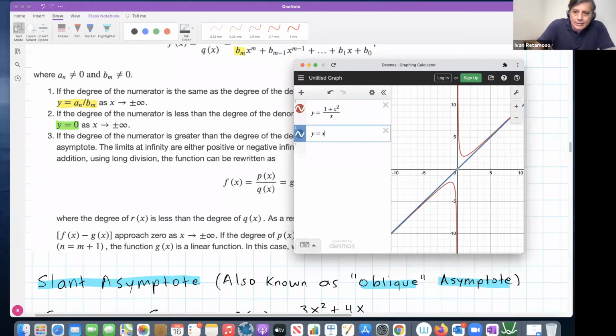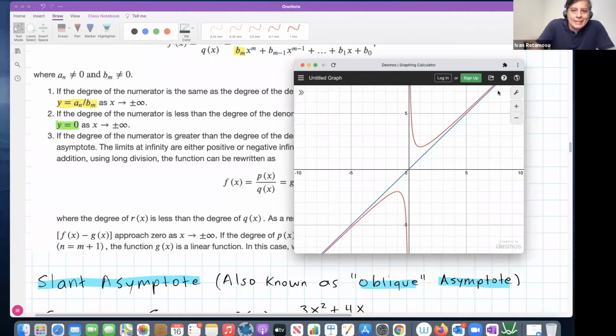I will show you how to get it. This blue asymptote is a slant asymptote. It is not horizontal, not vertical, neither horizontal nor vertical. It is instead an oblique line. And the curve you can see is getting closer and closer to it in this direction, and closer and closer to it in this direction as well. It's just called slant asymptotes, or also oblique asymptotes.